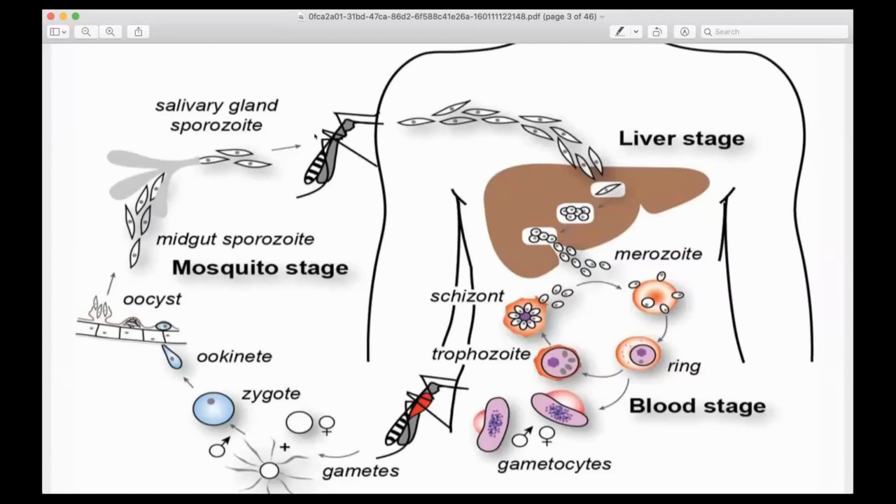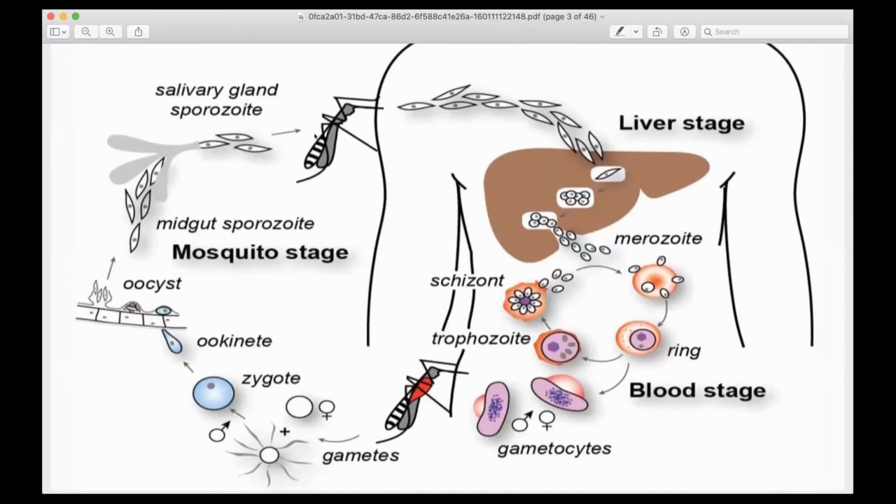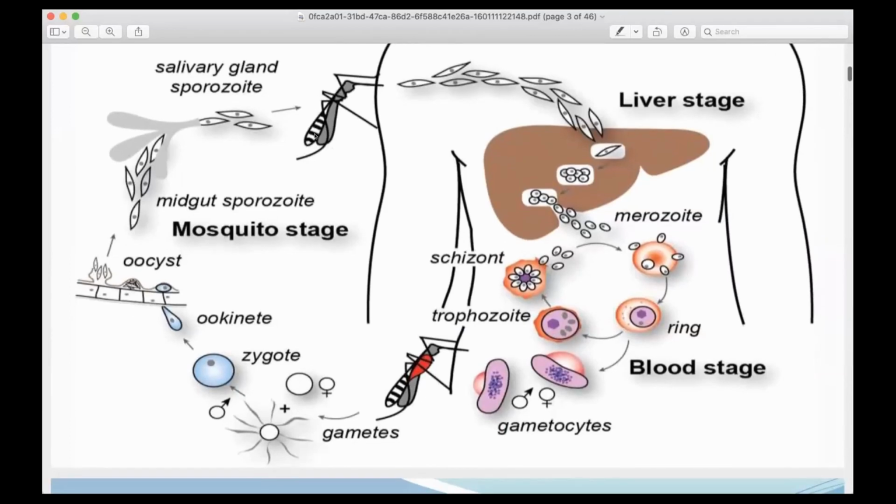Therefore, when a large number of RBCs break down, there is a seizure or rigor, and high fever. So that is the whole life cycle and mechanism of malarial disease.